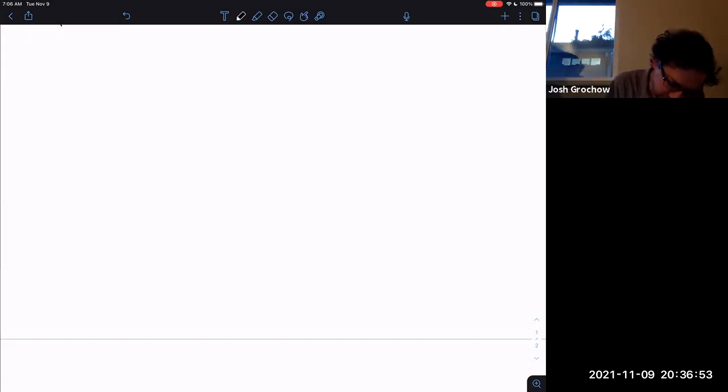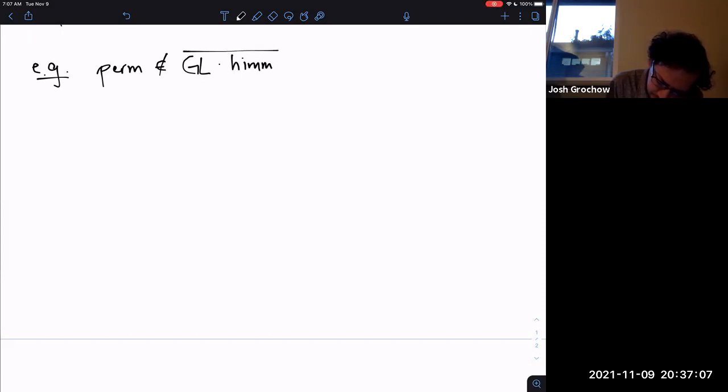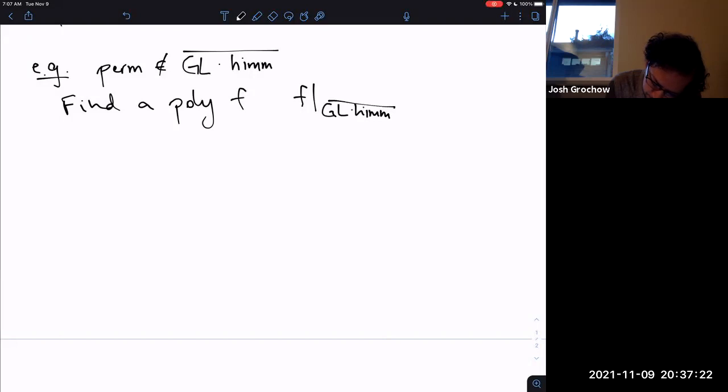So if you want to prove, say, the permanent is not in the orbit closure of the iterated matrix multiplication polynomial, then the goal was to find a polynomial f whose restriction to this orbit closure was 0, but where when it's evaluated on the coefficient vector of the permanent, it's non-zero.